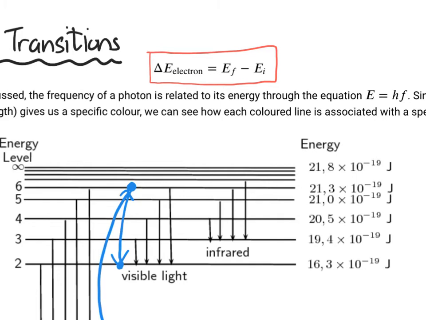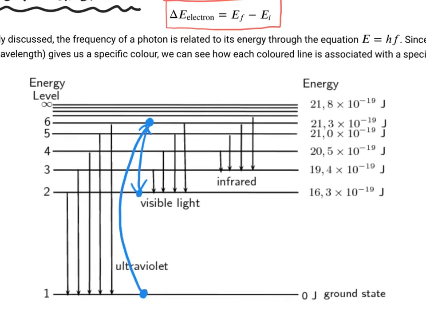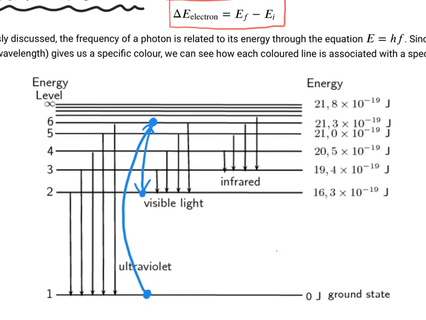So we are going to look at the specific transition between energy level 6 and energy level 2. So I'm going to write it as follows: delta E 6 to 2. So this is going to be the initial energy here.